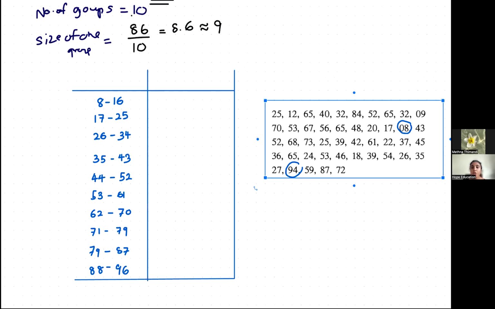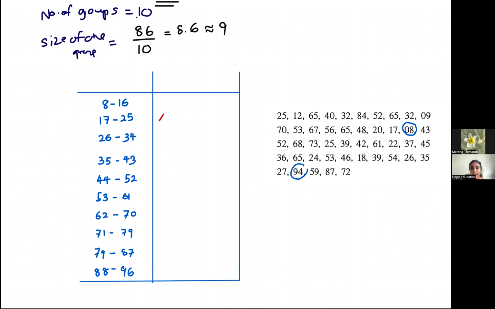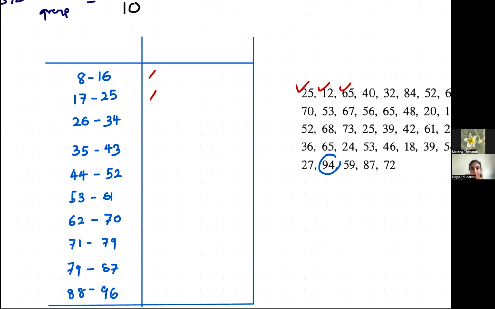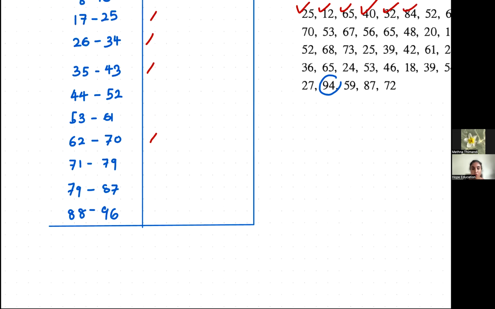Okay, 25. Which group does 25 belong to? This group. 25 belongs here. Then 12 belongs to this group. 65 belongs to this group. 40 belongs to this group. 32 belongs to this group. 84 belongs to this group.